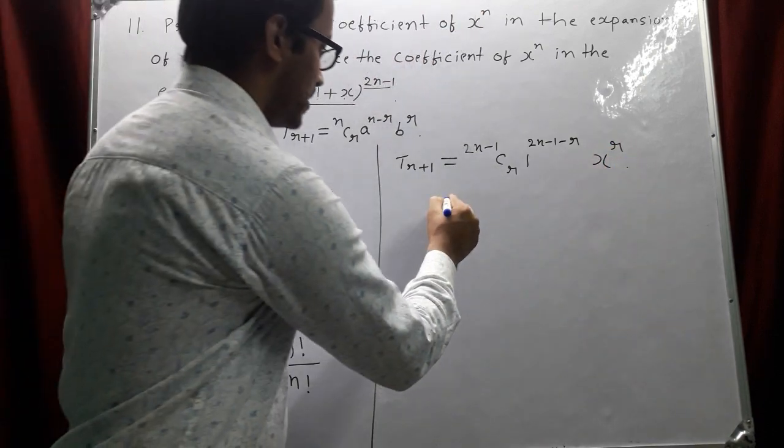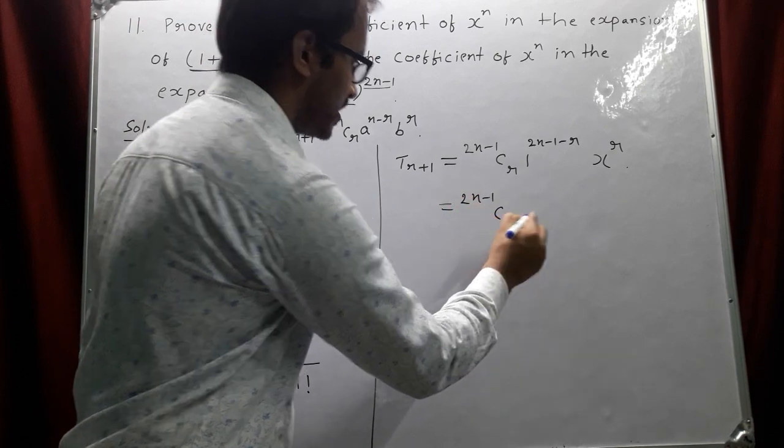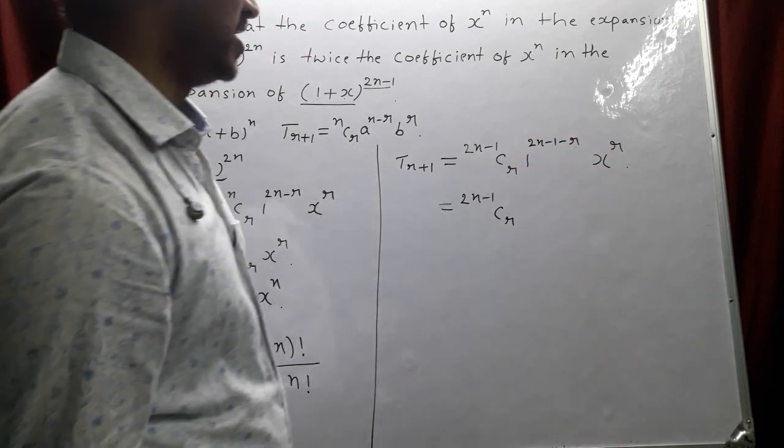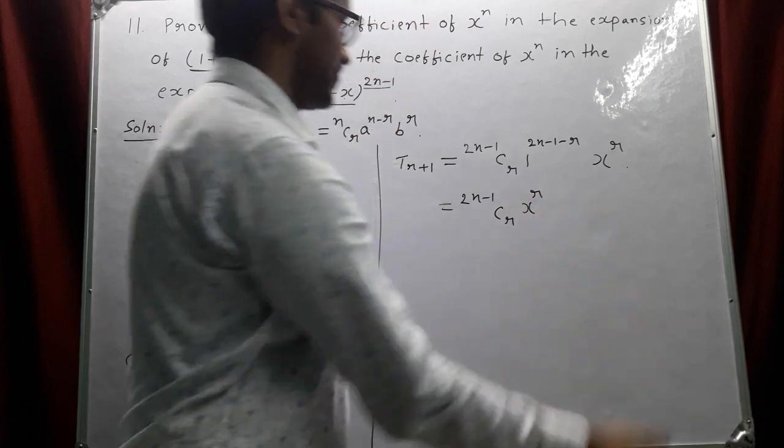So simplifying, we get (2n-1)Cr, where 1^(2n-1-r) means the value is 1, times x^r.